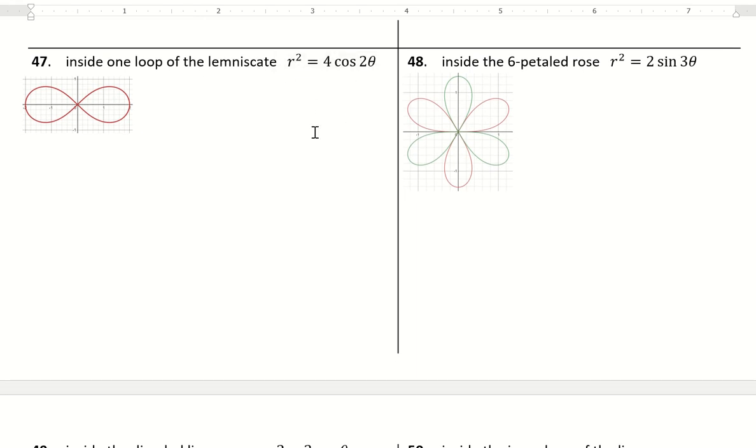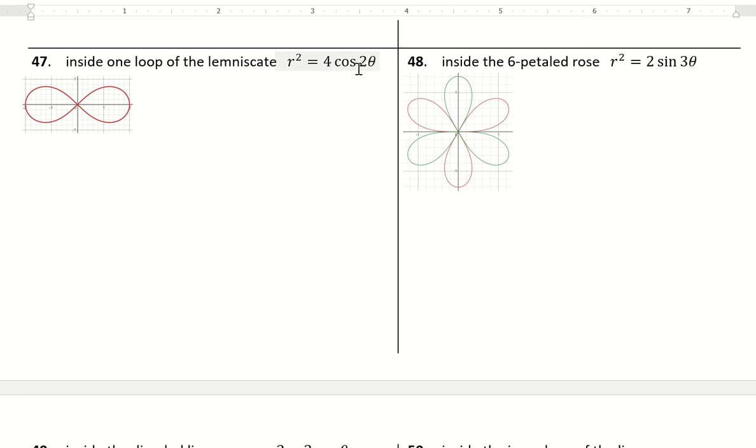These suckers still kind of vex me a little bit as far as graphing it, like throwing it into your graphing calculator and all that kind of stuff. Yeah, these are crazy. We can talk about these at a later time.